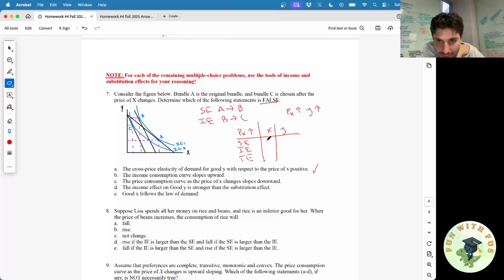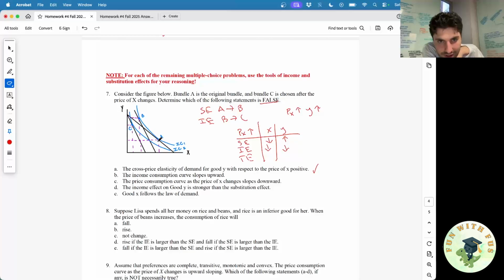Ultimately, the substitution effect is always the same. If the price of X went up, then I know that people want less X and more Y. That's always given, and for any table problem, you can complete it like that. In this case, from B to C, my X decreased and my Y also decreased.